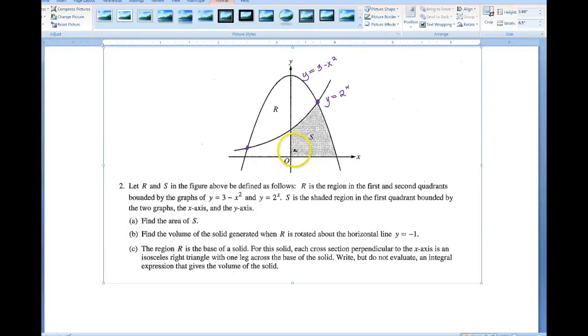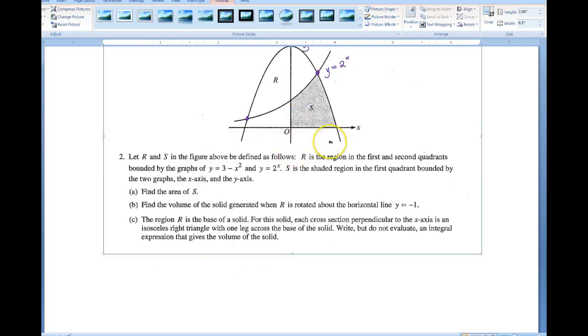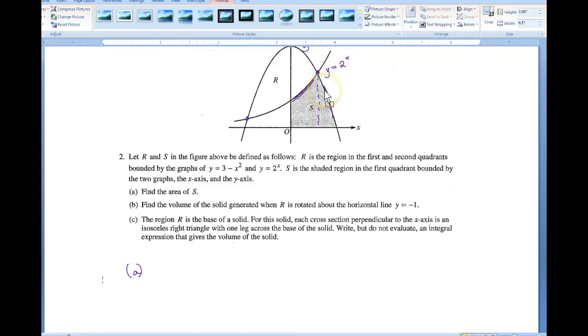Find the area of S. So how would we find S? Well, when you're just doing the area, you do top minus bottom or right minus left. Since everything's already in terms of x, I would do top minus bottom. But the problem is, this curve is bounded on top, but then it switches to the parabola over here.